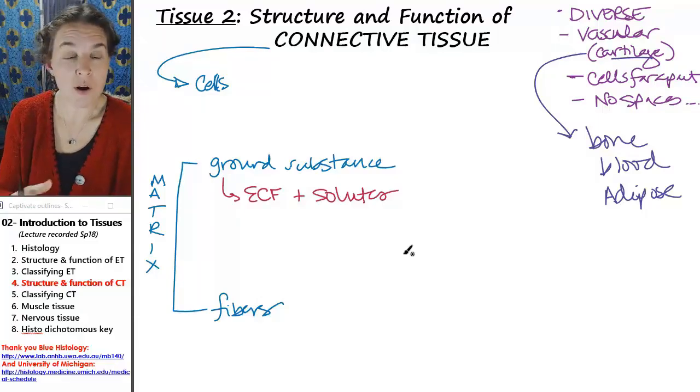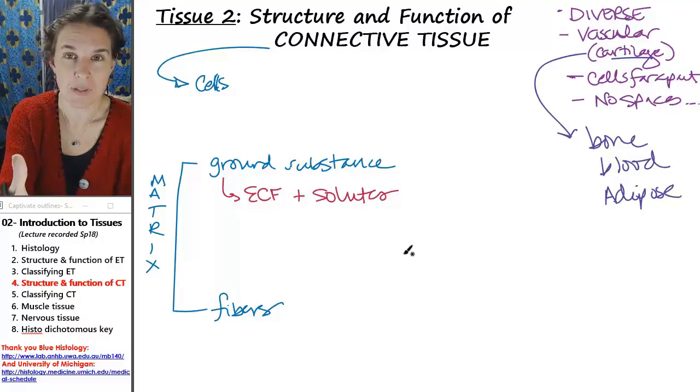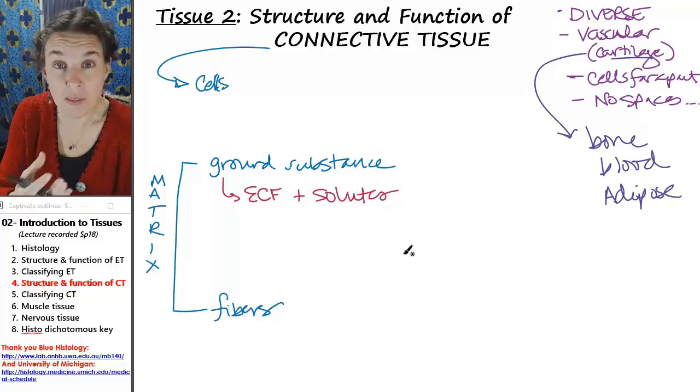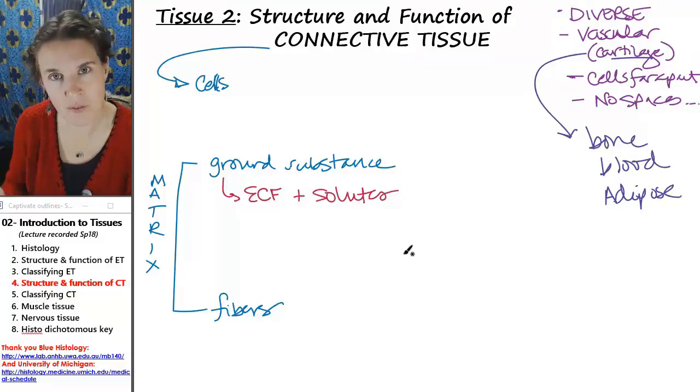So the more of these hydrophilic ground substance molecules like glucosamine, the more fluid that can be moved in and out of the cartilage.